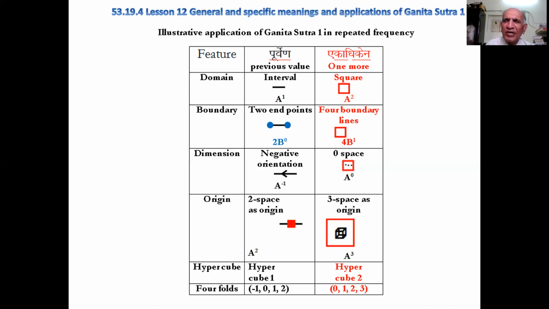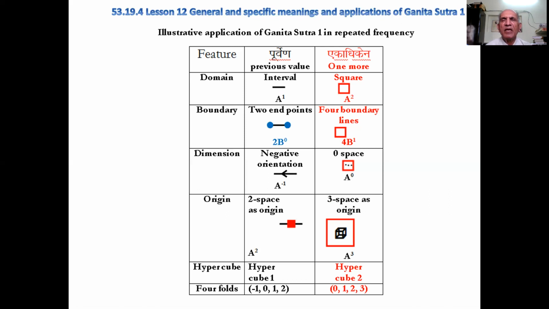The negative orientation as dimension of one space body interval will take us to zero space in the role of dimension of two space. Two space as origin of one space will take us to three space as origin of two space. See how repeated application of the common rule of Ganita Sutra 1 is bringing us face to face with many, many features of the same pair of entities.